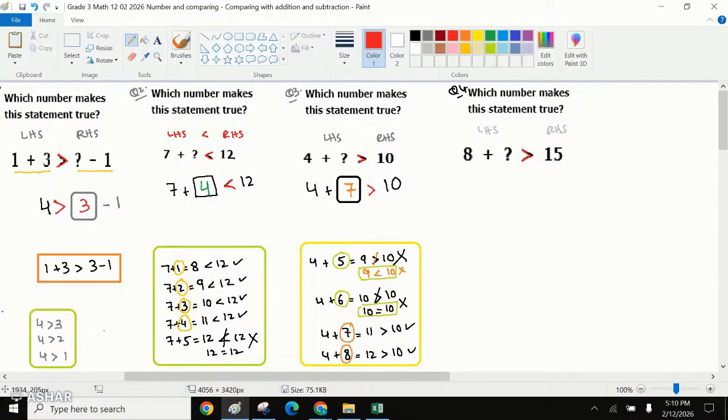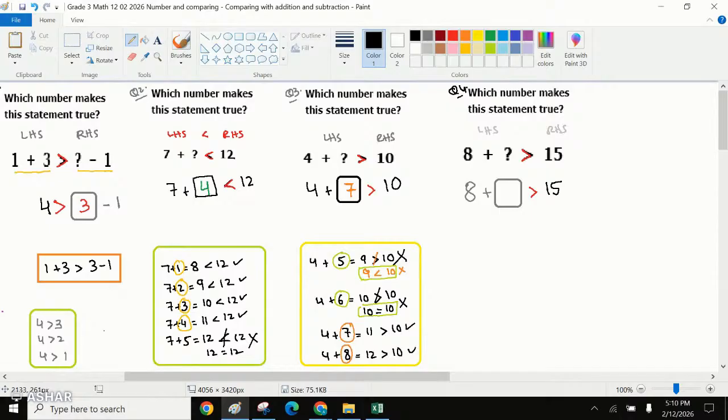So we need the left hand side to be greater than the right hand side. LHS left hand side, RHS right hand side. So the numbers on the left should be greater. So can we write 8 plus a number should be greater than 15? How much do we need to add to 8 to make it 15?